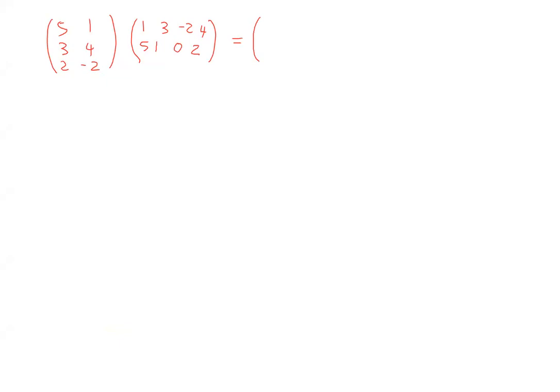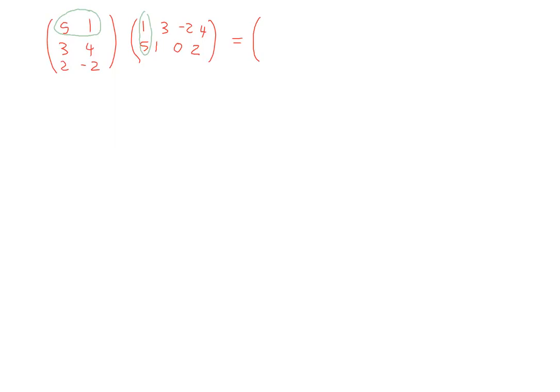So I'm going to start by taking the first row of A, of the first matrix, with the first column of B. And notice that the fact that the number of columns of the first matrix is equal to the number of rows of the second matrix ensures that you have vectors for which you can take the dot product.